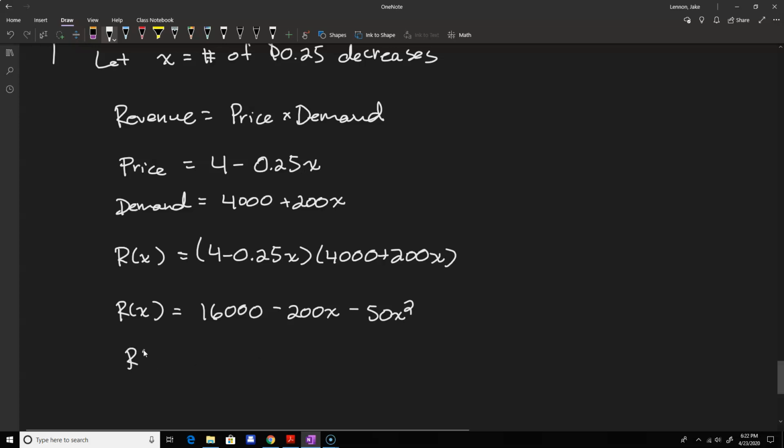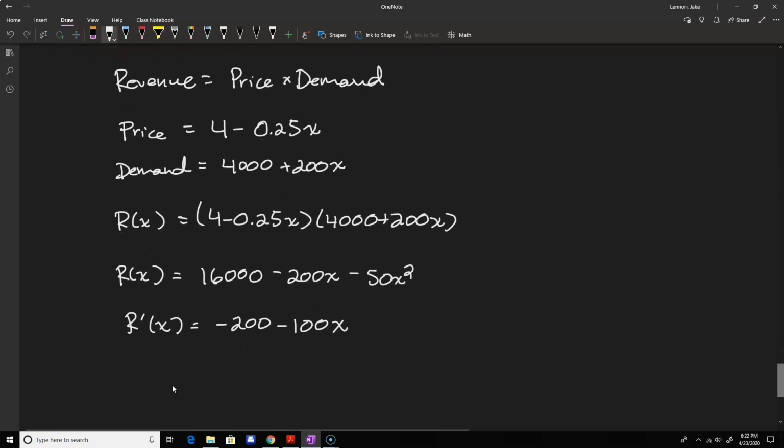So you can take the derivative here, which is what we want to set to 0. So we get minus 200 minus 100x. So if we set this equal to 0 and solve, we actually end up with x equals negative 2.